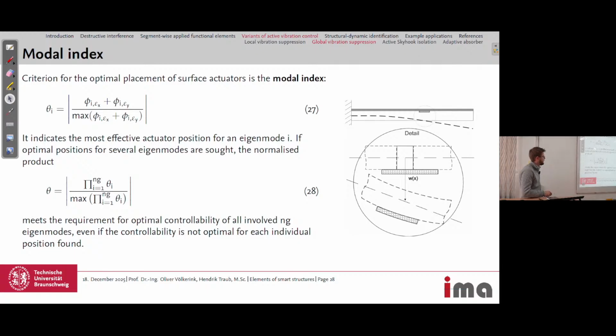To find the best trade-off for the positioning for different eigenmodes, we can calculate this modal index. So even if the controllability is not optimal for each individual position, we can judge the trade-off with this.